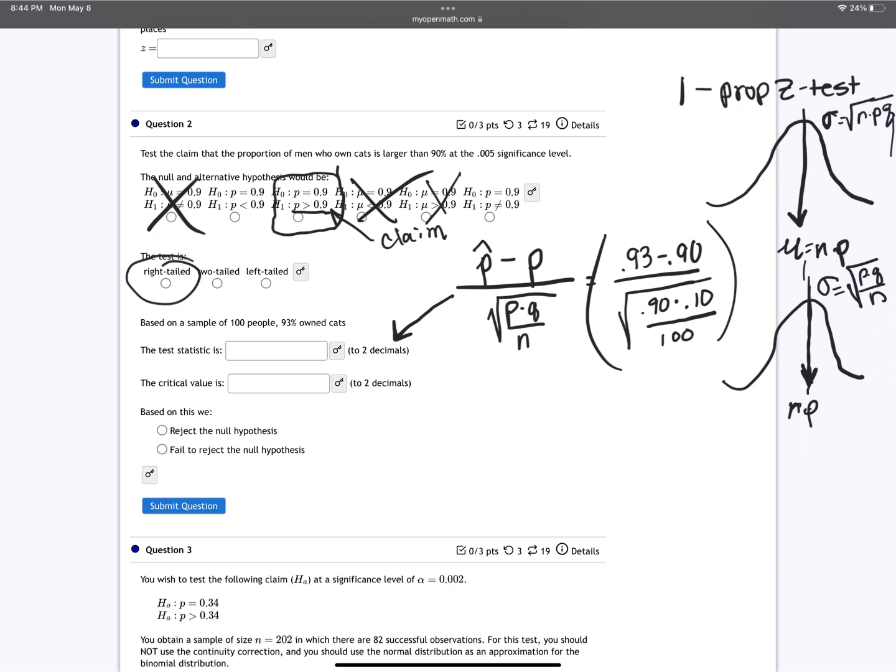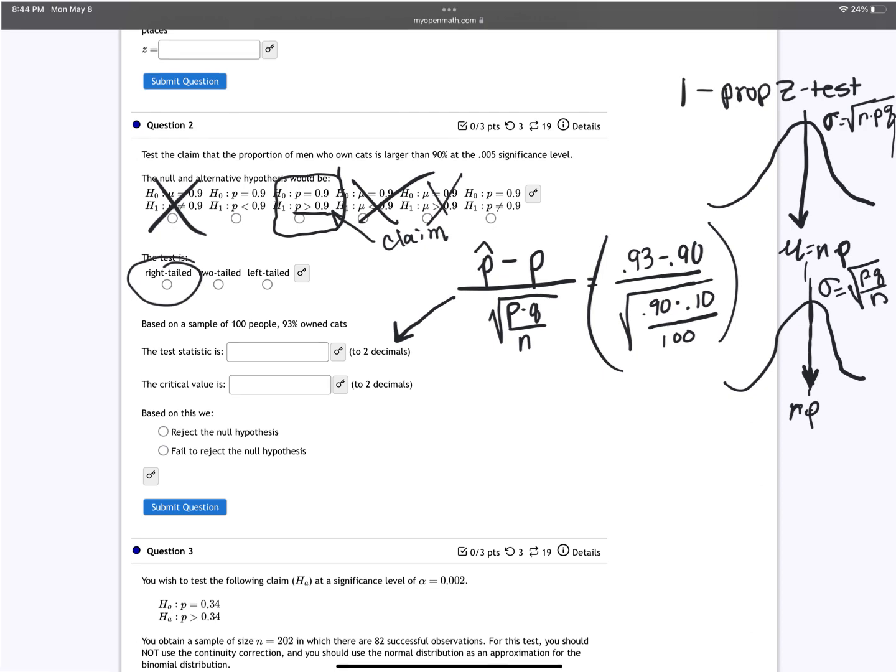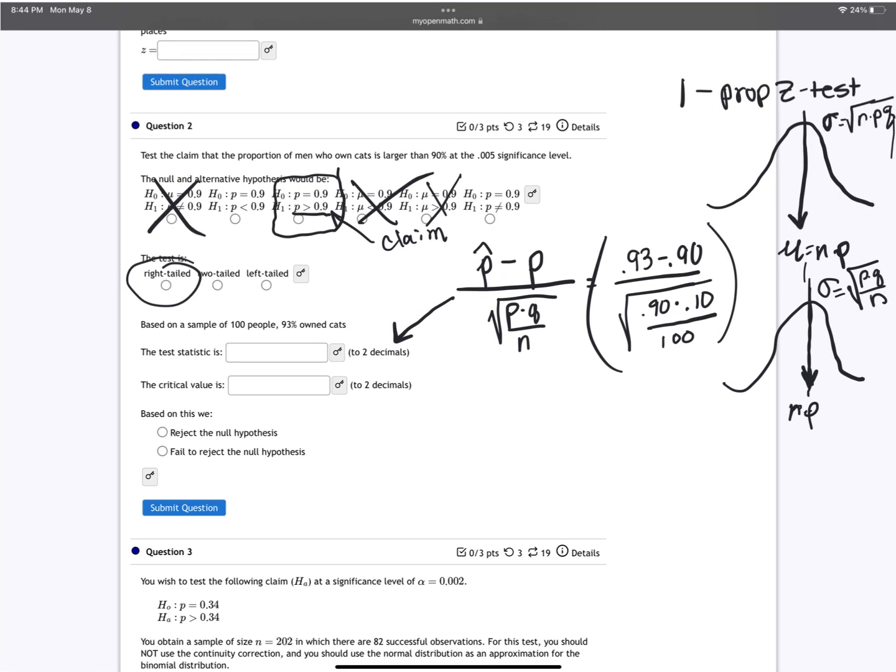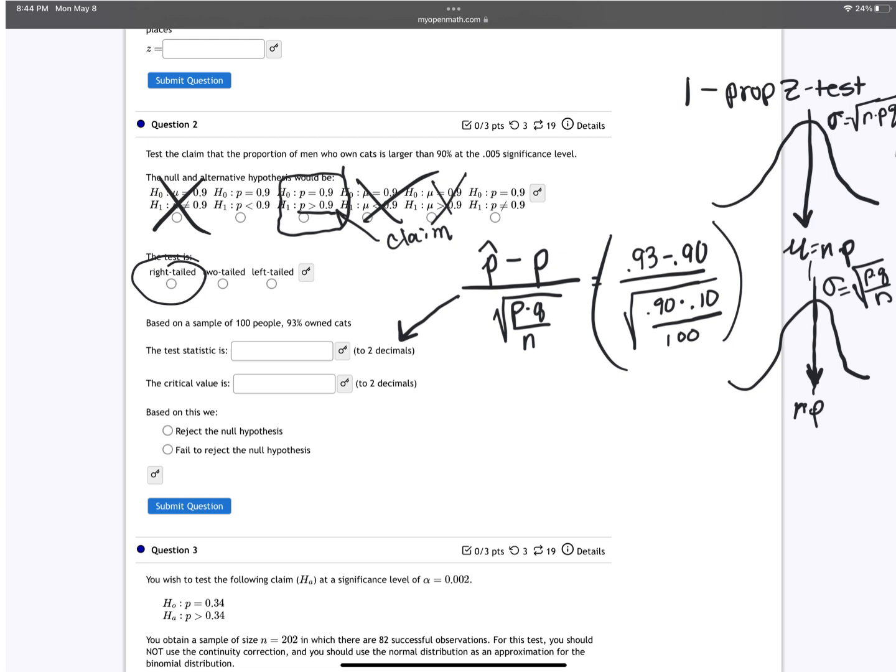If you hold on one second, I'll do that on the calculator and talk you through it. When you do this math, you end up with this equaling 1. Which means on this curve, you're 1 standard deviation away from where you expect it to be.